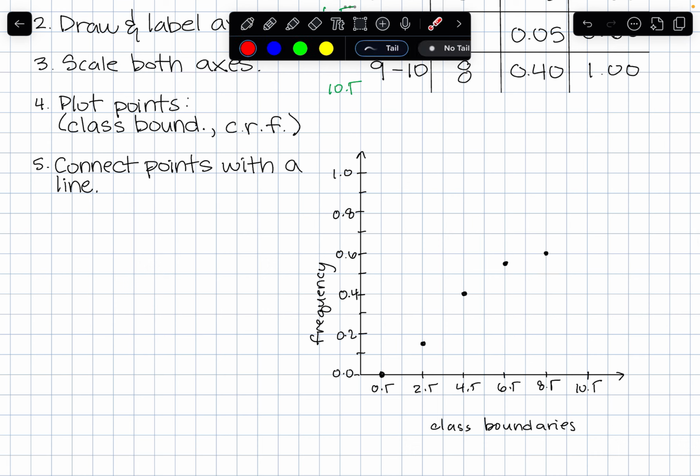And then my very last boundary, 10.5, goes with 1, because all of my data is less than 10.5. My maximum was 10. You'll see the very last direction is just like with our frequency polygon. We're going to connect those points with straight lines.